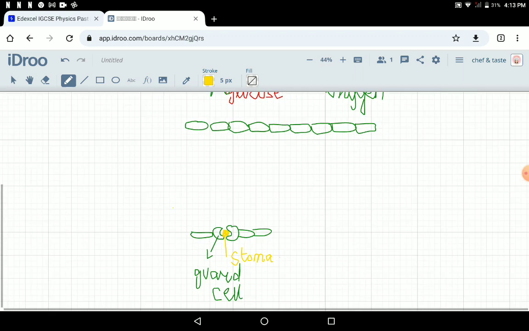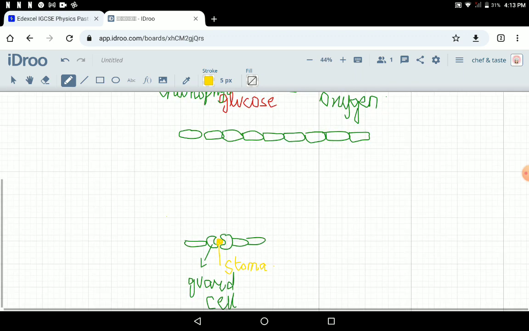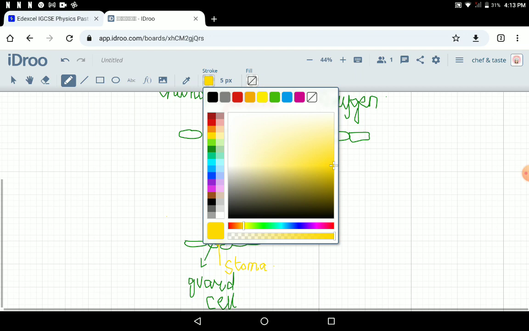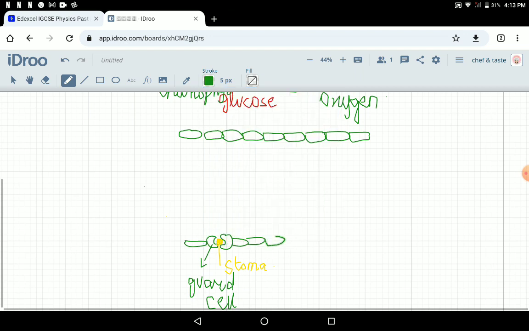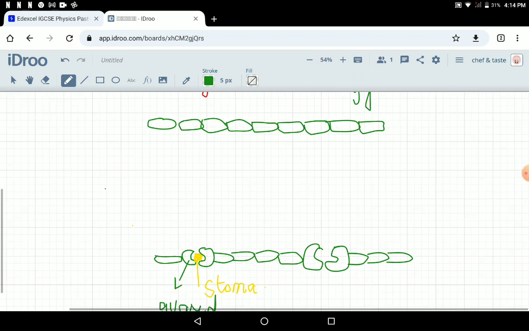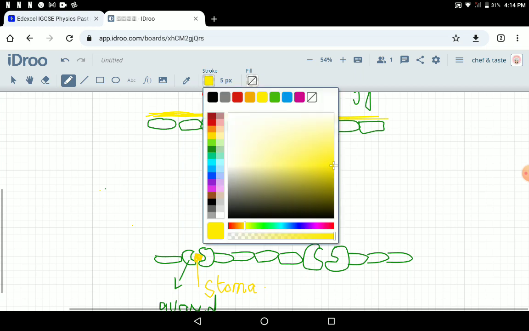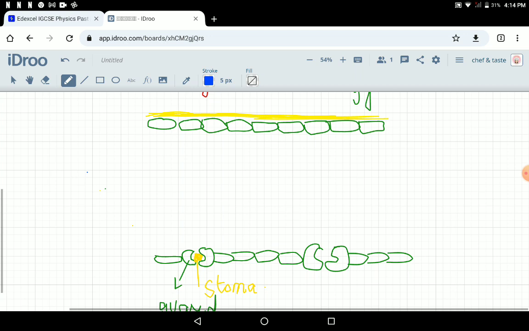Let's complete the diagram first, then we will discuss the different features of it. Let's suppose this is the lower epidermis. Again, we will have stomata surrounded by guard cells. And just above the epidermis we will have the waxy cuticle layer. I will discuss the role of everything in detail. First, let me draw it.